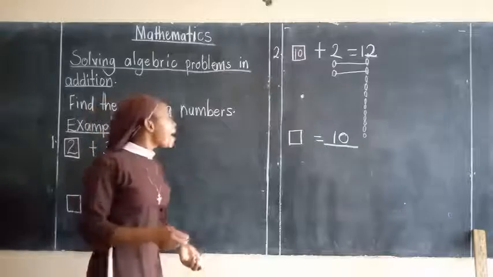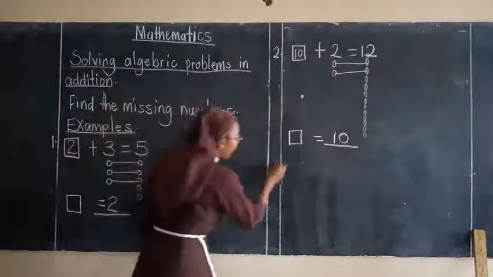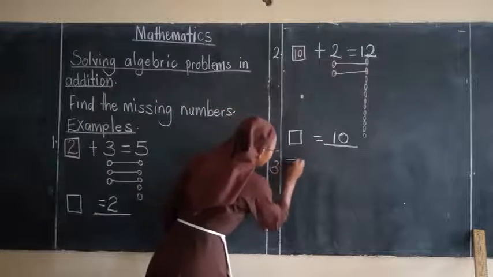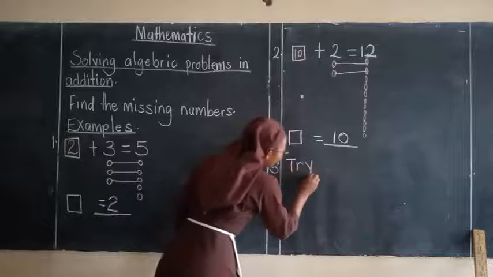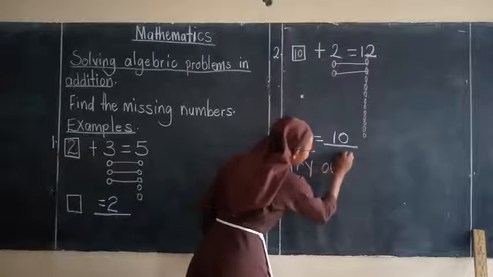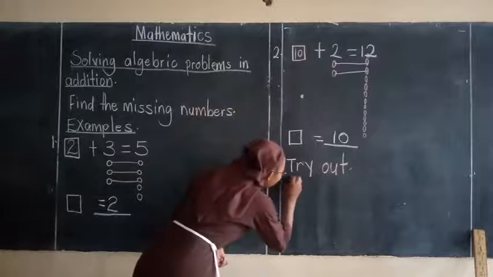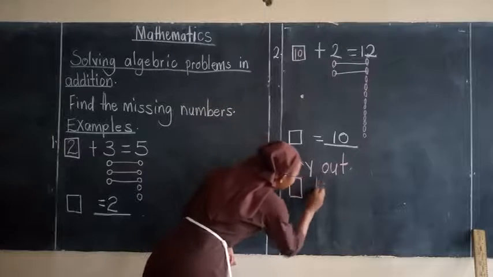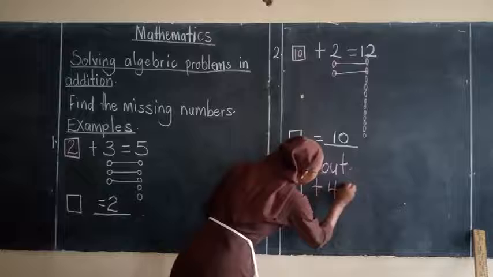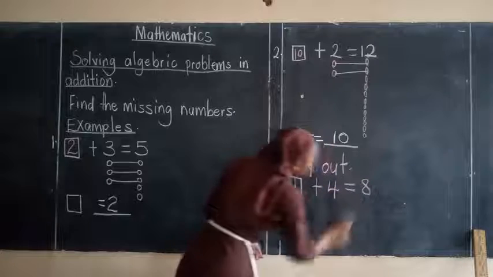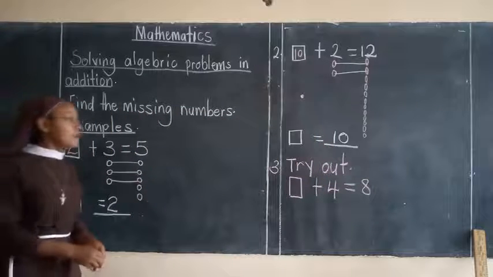Let us try out this number together as our number 3. But try to be fast. Box plus 4 equals 8. Our number has been given to us.